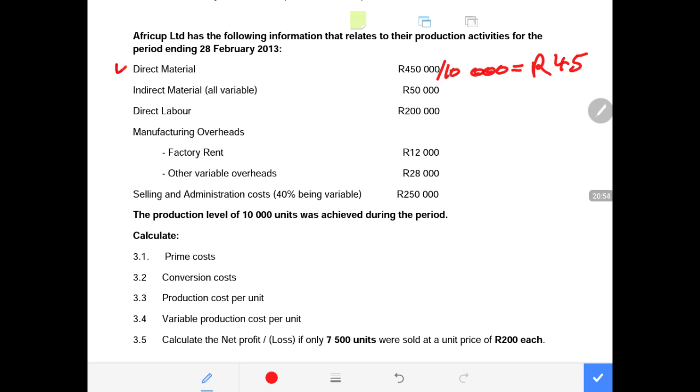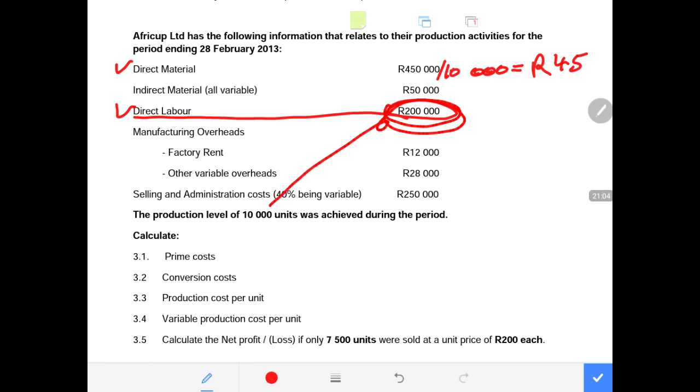We have covered material. Let me come to labor. Our direct labor is 200,000, and it is the total labor that was incurred to manufacture the 10,000 units. So now we want to know how much is the cost of labor for 1 unit, because we are required to calculate per unit.